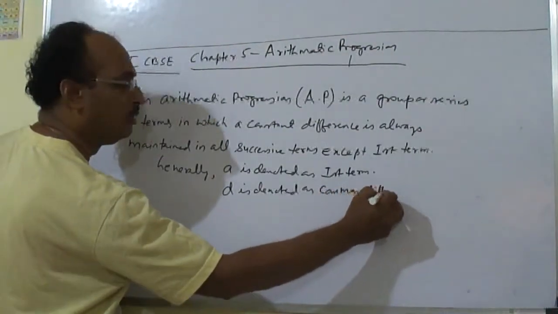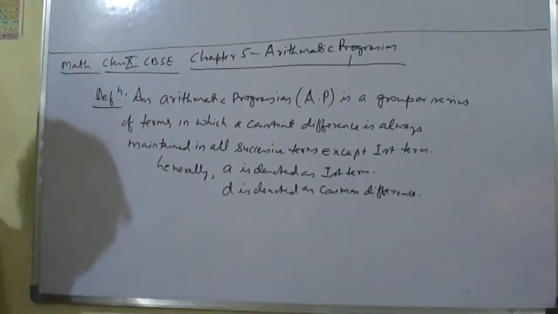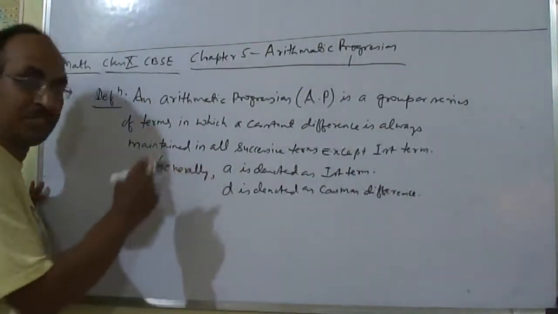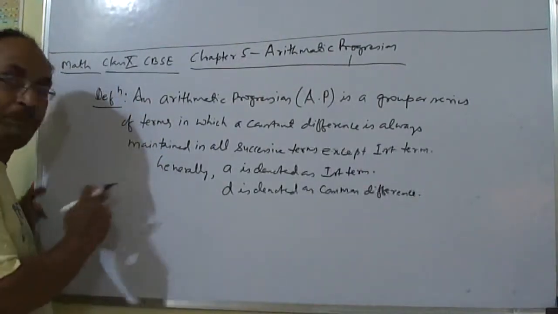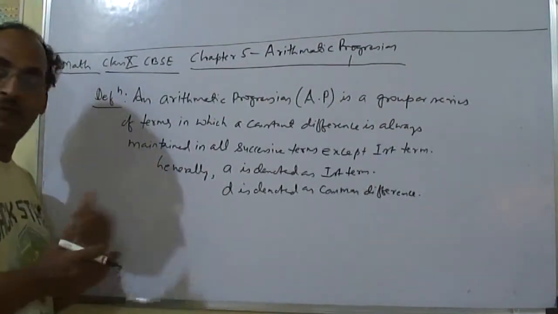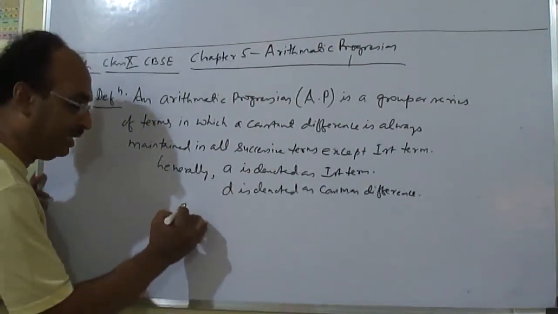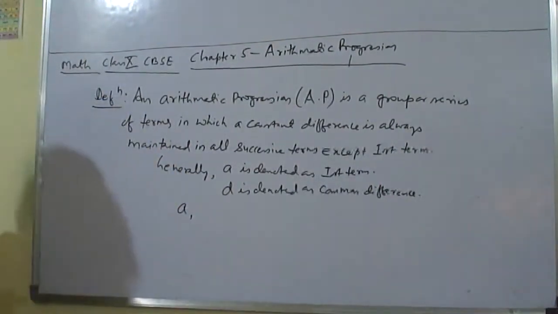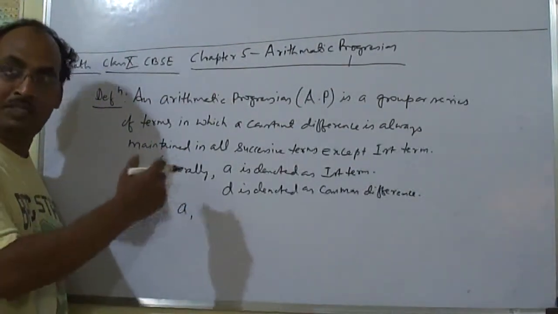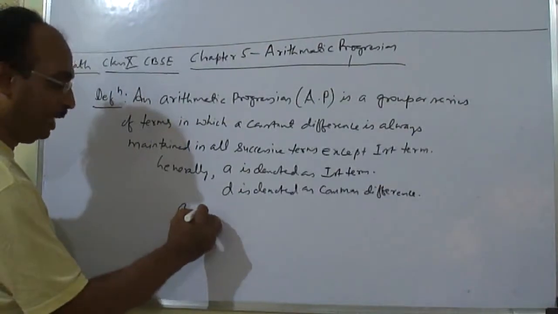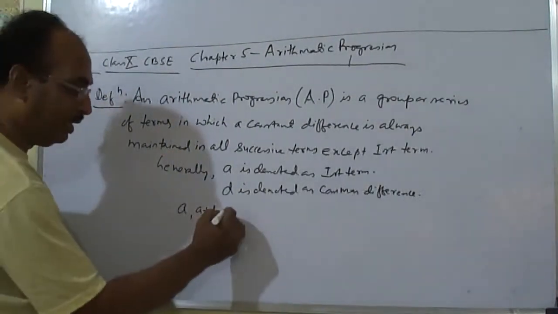Suppose you are given the first term and asked to form an AP series with common difference D. The first term will be written as A. Then the common difference will be added, so it becomes A plus D. Third term, A plus 2D.